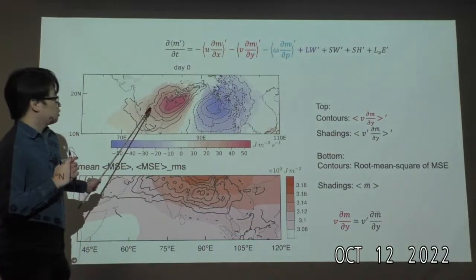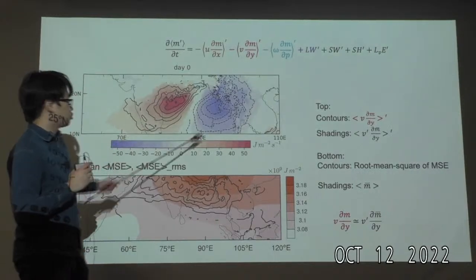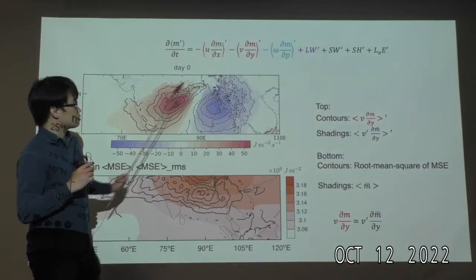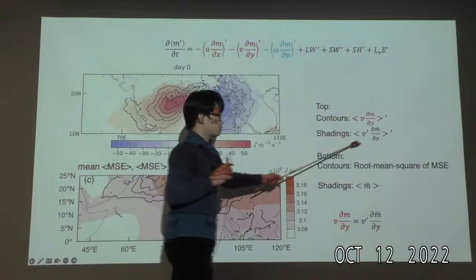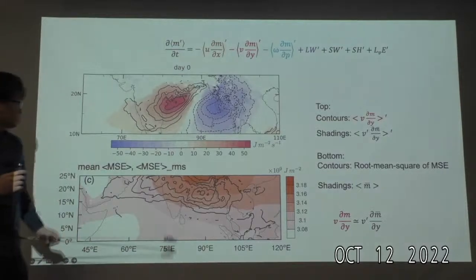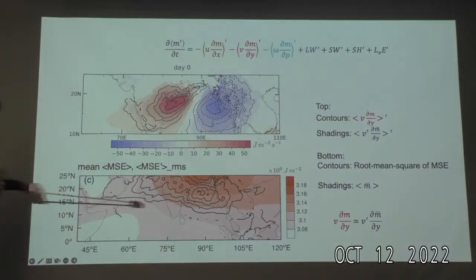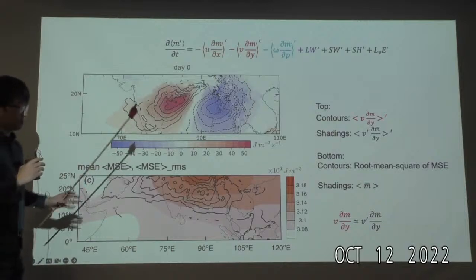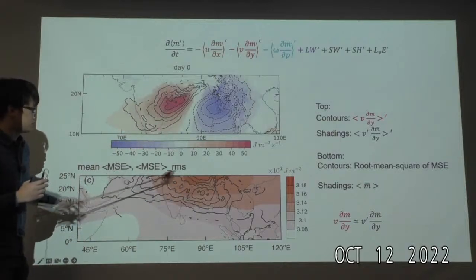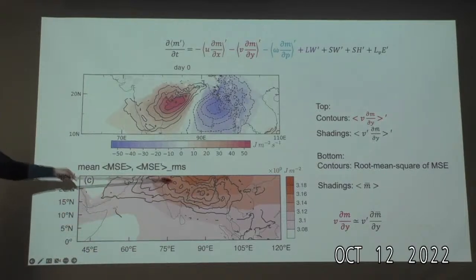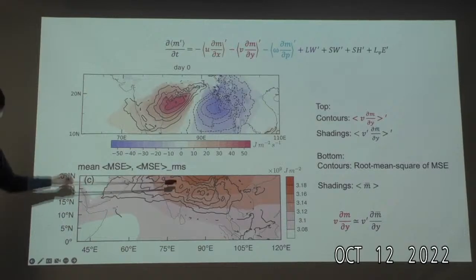So in this plot, the contours show the zonal advection, which is this term, and the shadings show this term, which means the mean MSE advected by anomalous winds. Just like I showed in this plot before, the variation of mean MSE is kind of affecting the propagation features of our system, because its contours actually show the path of the propagation.